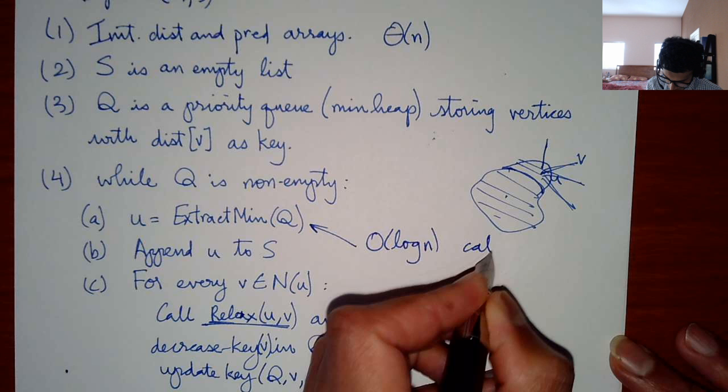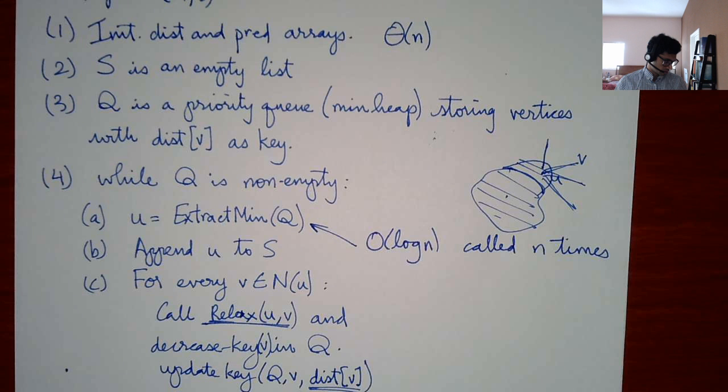Because once you remove a vertex, you never insert it back in. So this is called at most n times for all the vertices. Now this is a traversal of the adjacency list.